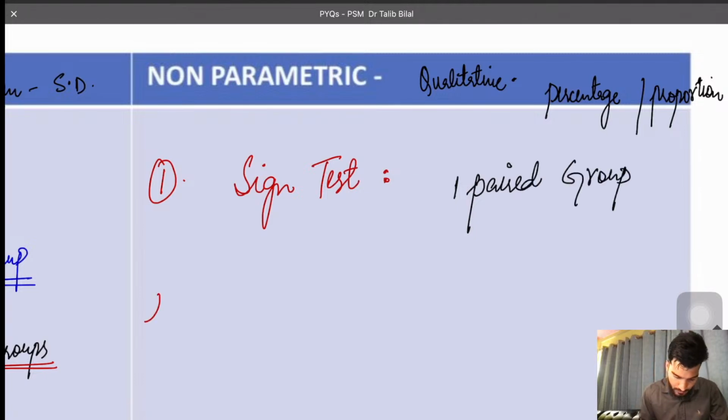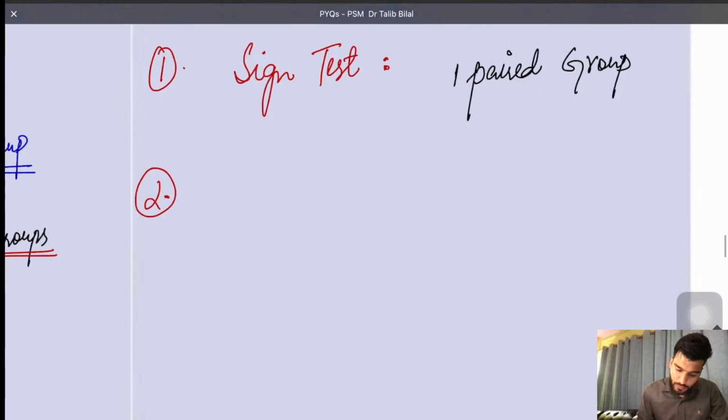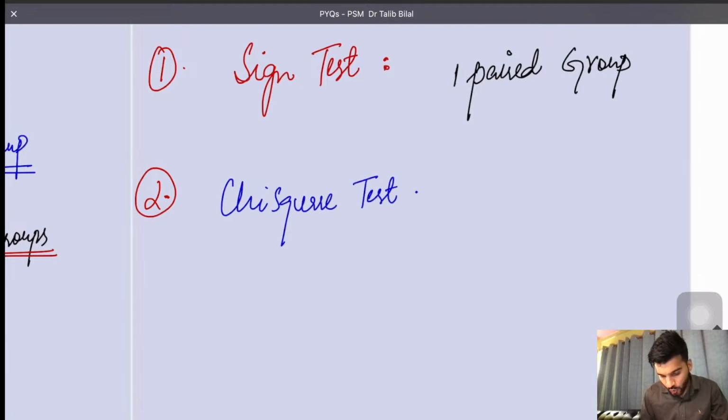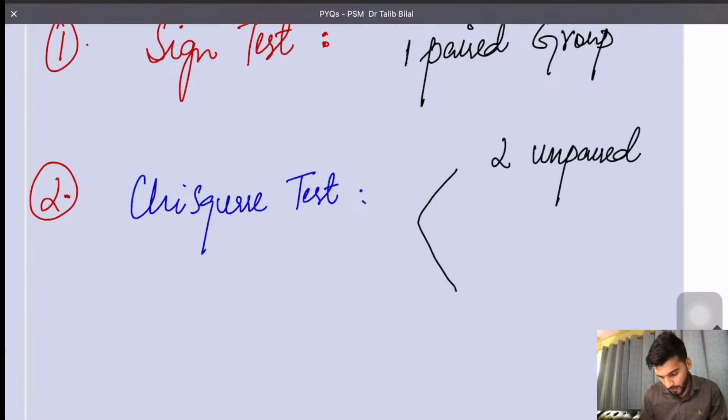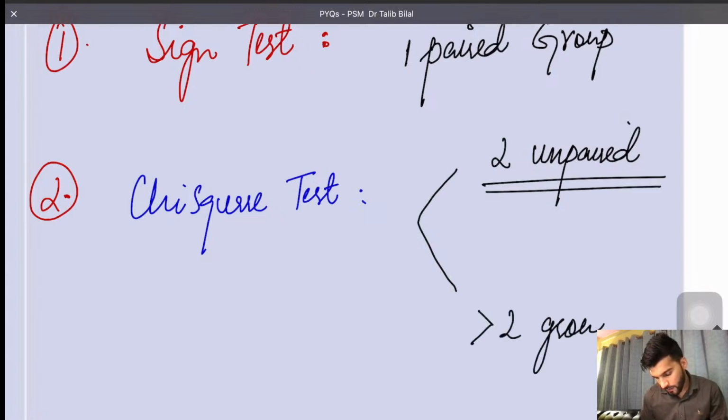And the second one will be chi-square test, which you mark when there are two unpaired groups or more than two groups.